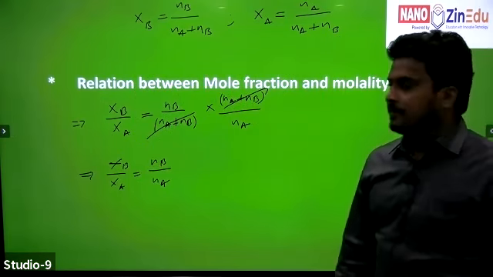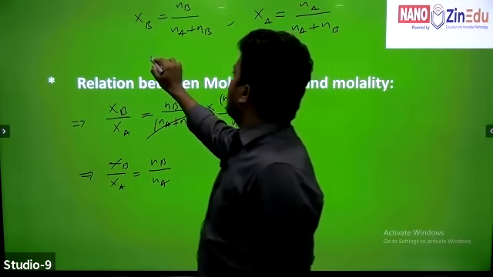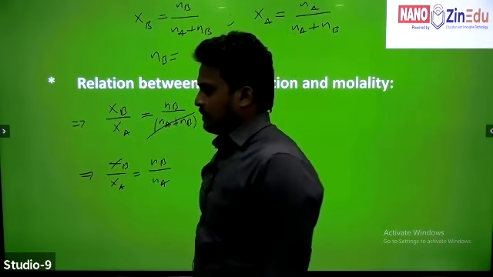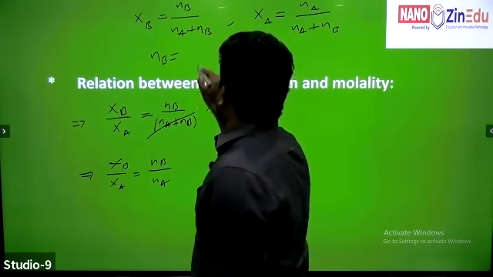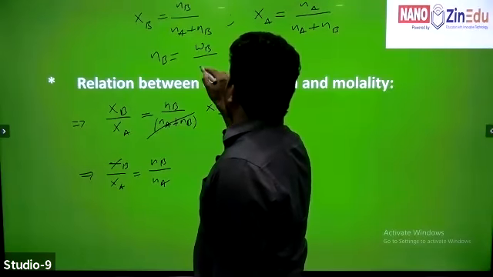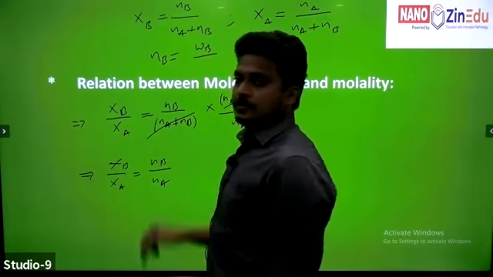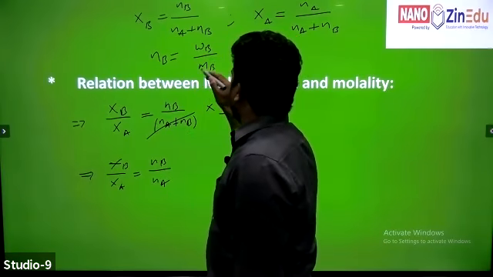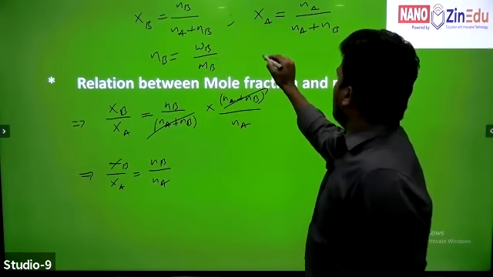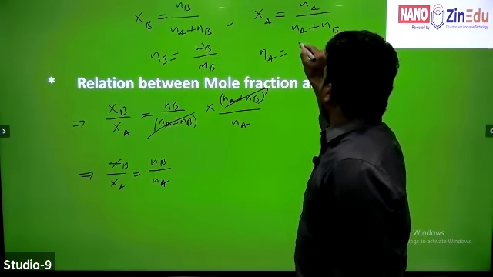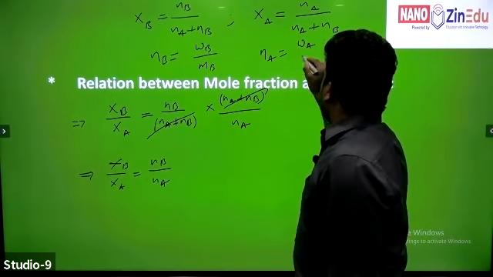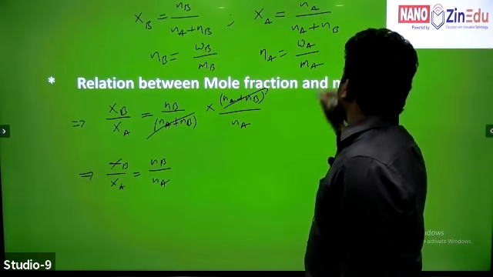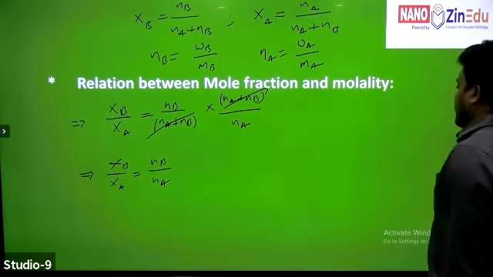How can we write the number of moles of solute, Nb? Weight of solute by molecular weight of solute, Wb by Mb. How can we write Na? Weight of solvent, Wa, by Ma, the molecular mass of solvent.